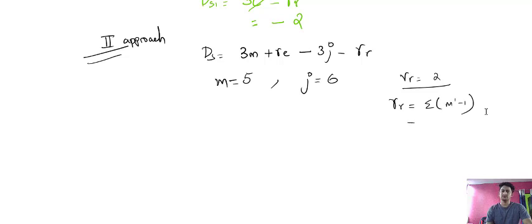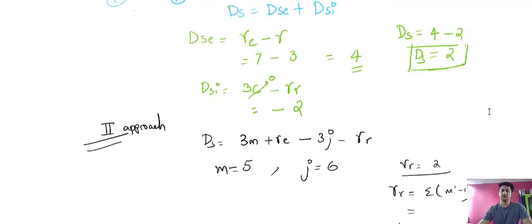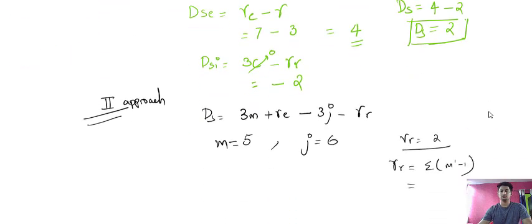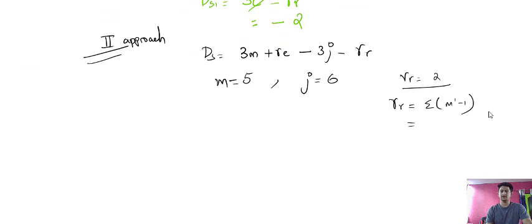So for the first internal hinge, m dash will be 2, and 2 minus 1 will be 1. For the second also, 2 members are joining at one internal hinge, so 2 minus 1. So the summation will be 1 plus 1, that is equal to 2. This is how we get the value of Rr.